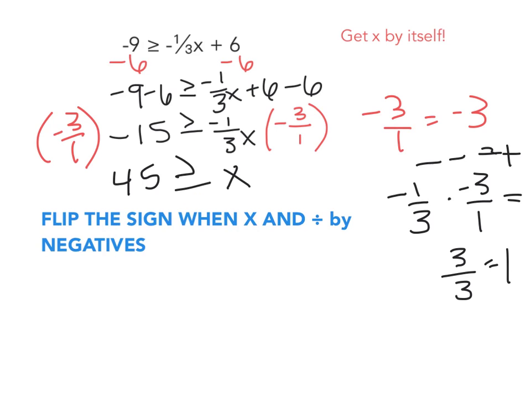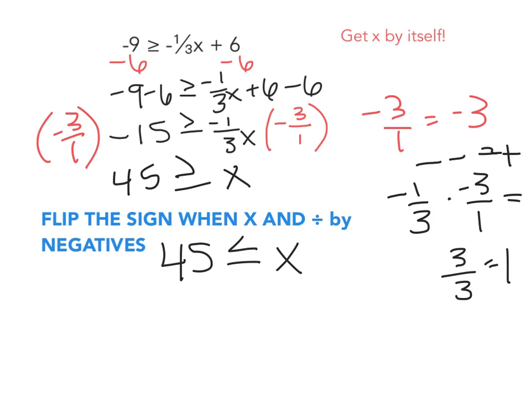So this actually says 45 is less than or equal to x. Think about it like this. When you hang out with a negative person, that negative person makes you change your ways. So when you multiply or divide by a negative, it changes the sign, so you have to flip it.